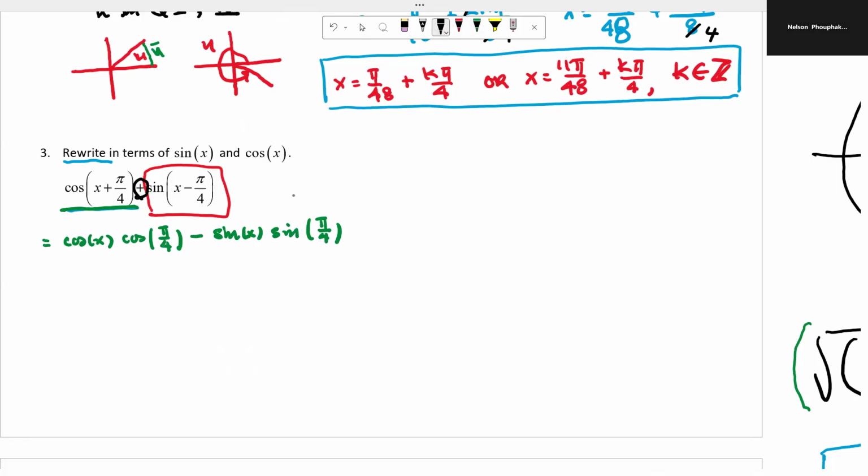Then we are going to add this one, which will be sine of x cosine of pi over 4 minus cosine of x sine of pi over 4.